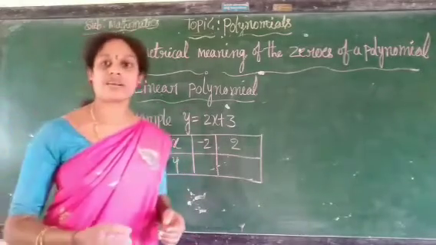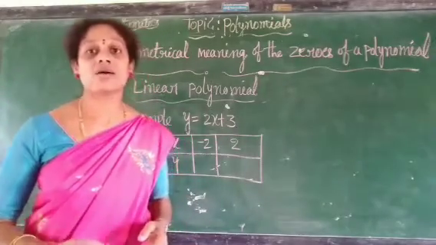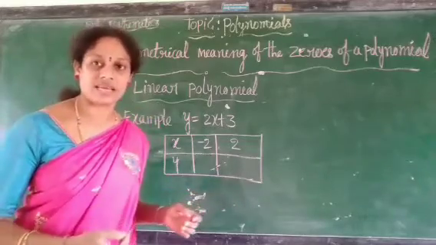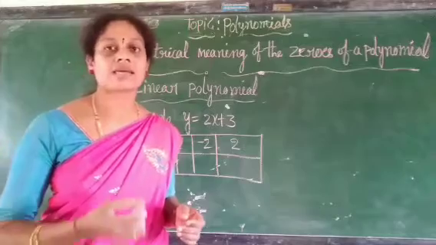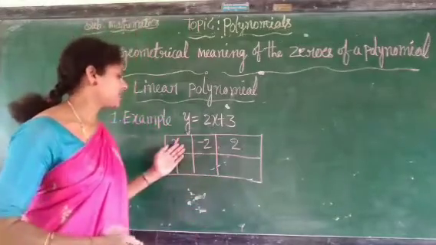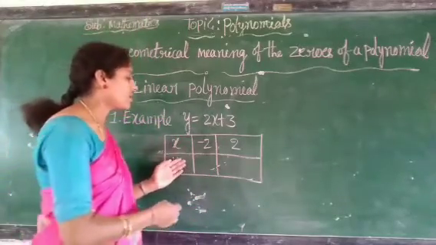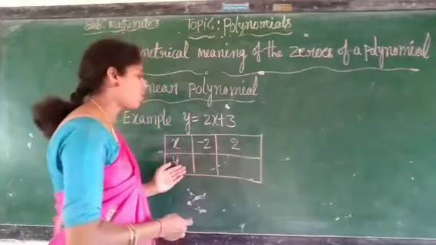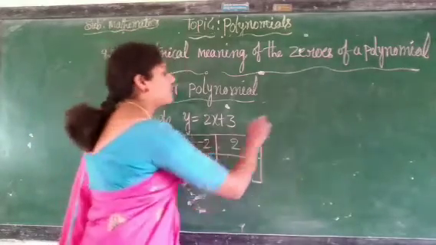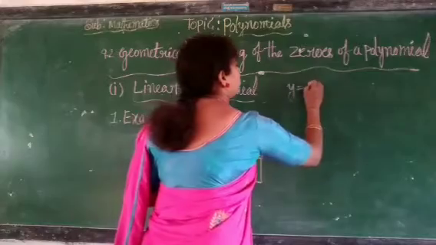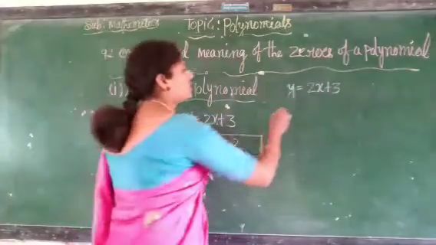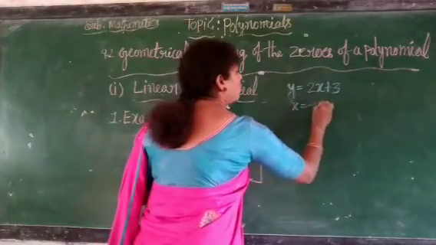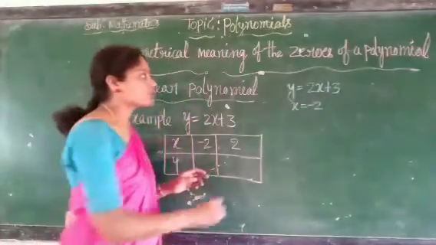First one is the linear polynomial. Take one example, y is equal to 2x plus 3. Here is the x-axis, this is the x coordinates and y coordinates. Substitute the value of x is equal to minus 2.